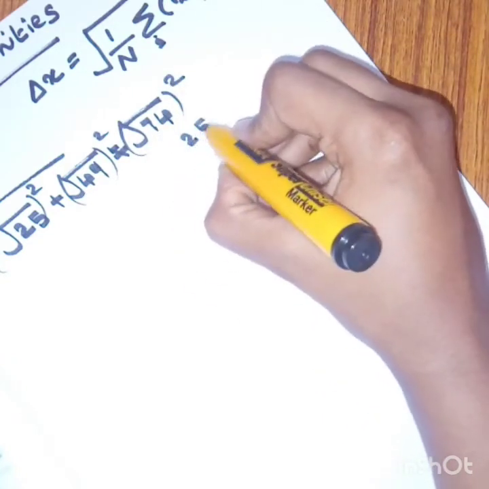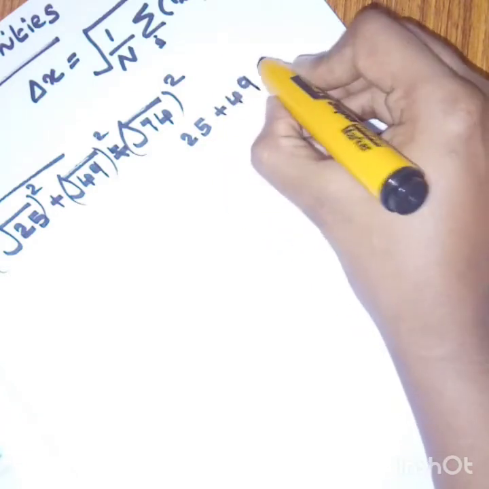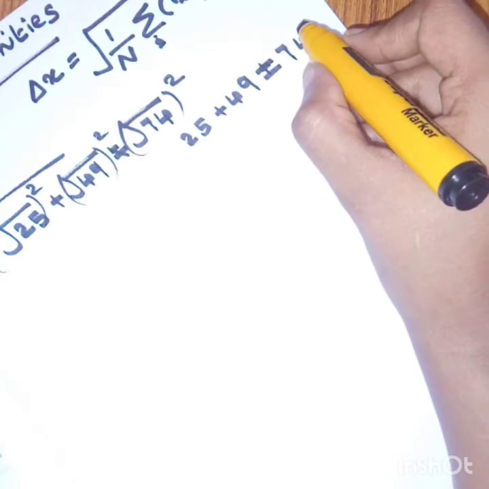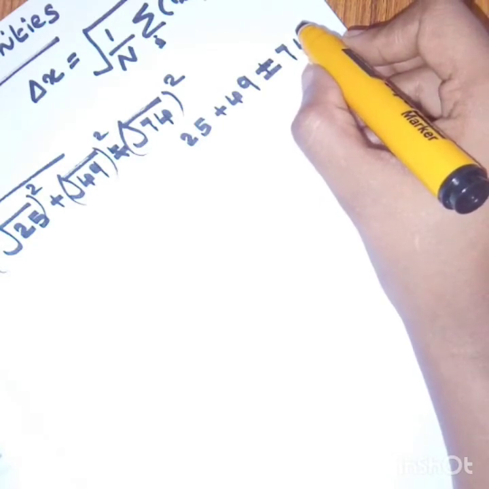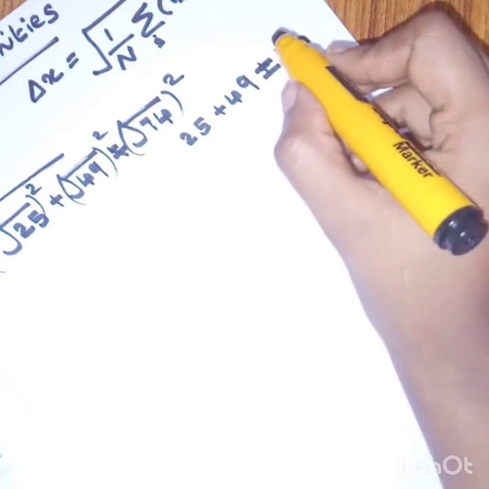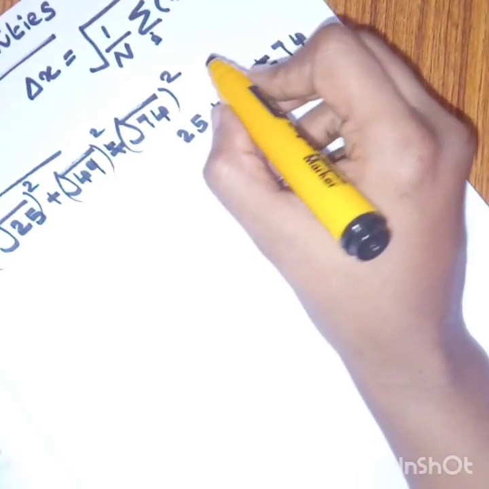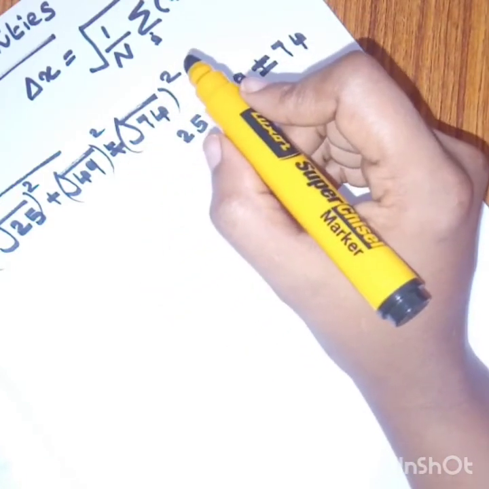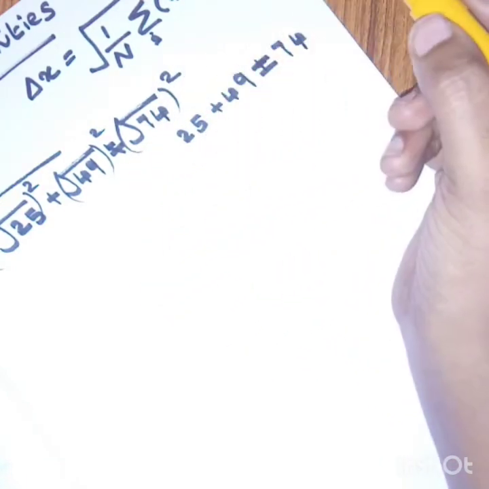That means 25 plus 49 equal to 74. Here we already said we can't add square roots. That means we can't add uncertainties. We can add squares of square roots.